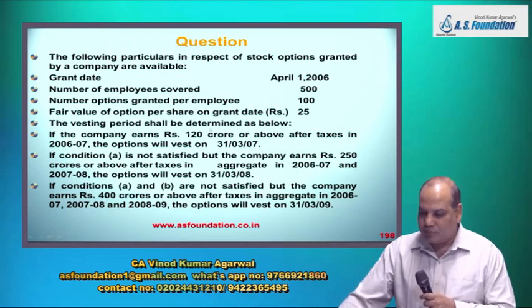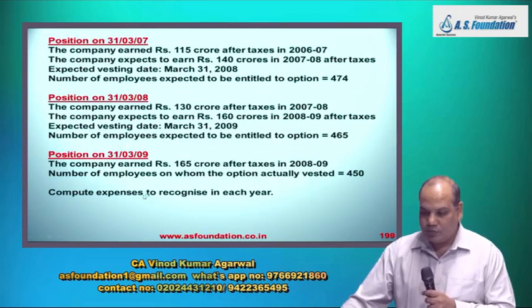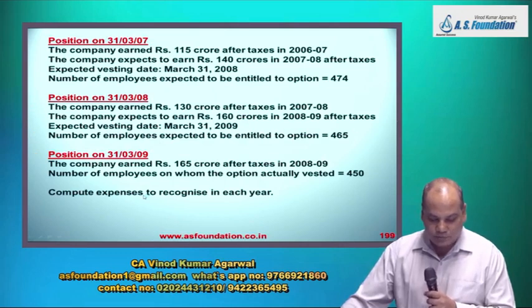So the vesting period can be 1 year. If you are not able to achieve 120 crore, then it can be 2 years if you earn 250 crore in aggregate. If you can't earn 250 crore, then the vesting period will be 3 years, 400 crore. And if you can't earn it in 3 years also, then it will lapse.